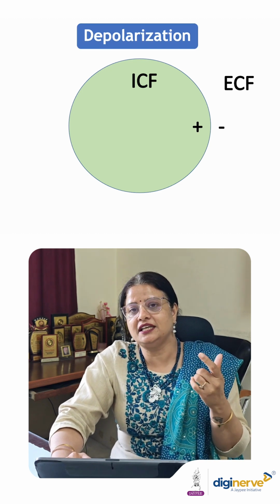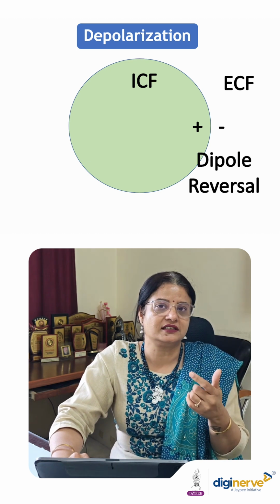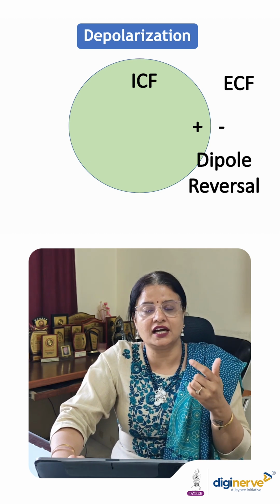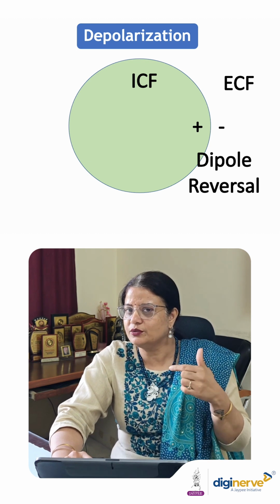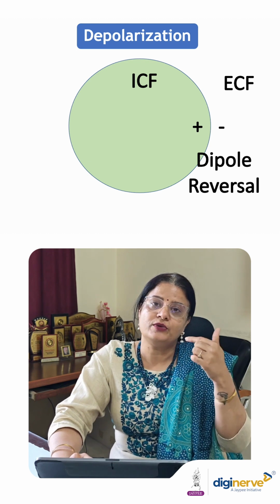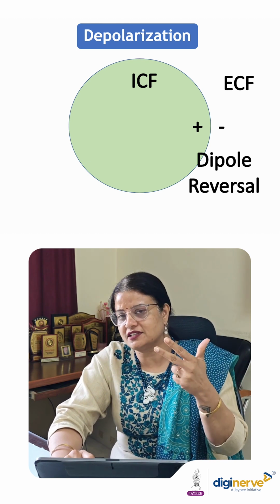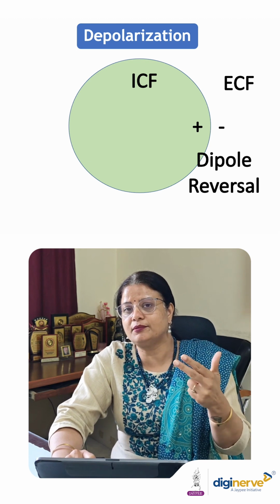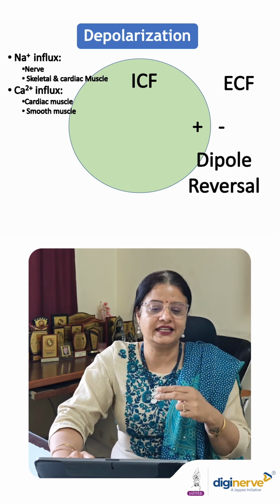When we talk about depolarization, this means there is dipole reversal. This dipole reversal would occur when the intracellular fluid becomes positive with respect to the extracellular fluid. This would happen whenever a positive ion moves inside. The two positive ions which result in depolarization because of the influx are sodium and calcium.